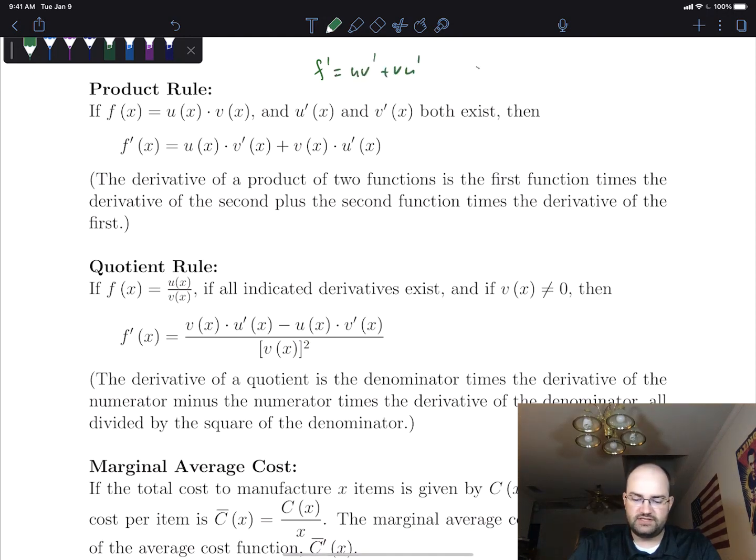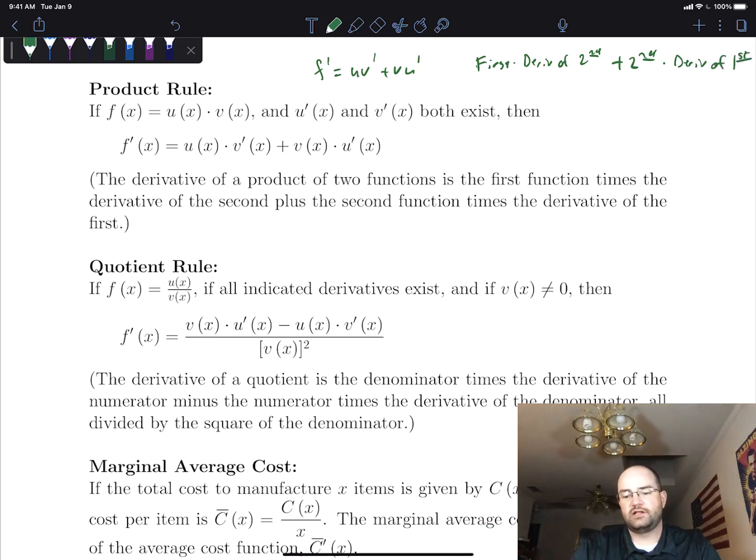In other words, it is the first times the derivative of the second plus the second times the derivative of the first. That's the way that I like to think of it. So it's the first times the derivative of the second plus the second times the derivative of the first.